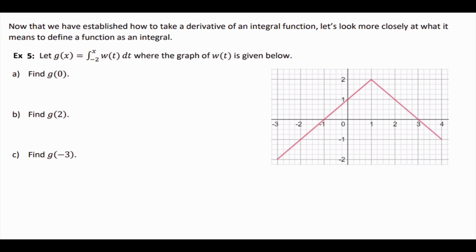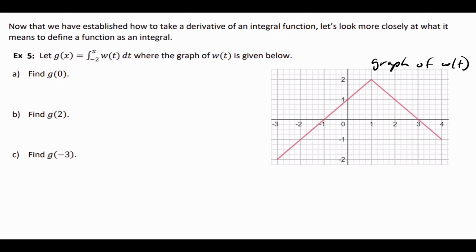This graph isn't g of x. This graph is a graph of w of t. So how are w and g related? Because that's going to help us answer these questions here.